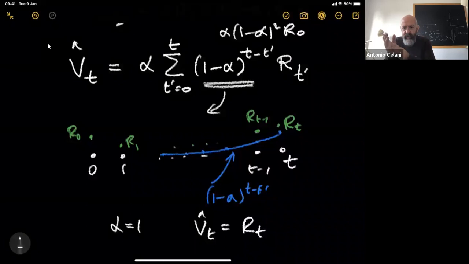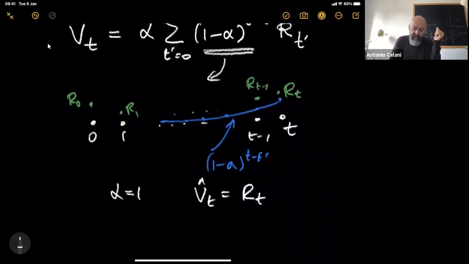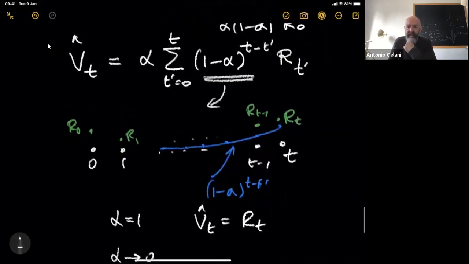But there's a but, of course, you have a lot of variance because these things may fluctuate. So you may want to see what happens when you go in the limit of alpha tending to 0. When alpha tends to 0, the good news is that you average a lot because you sum all these terms more or less in the same way, but you have to wait a lot before your curve eventually approaches your current value.